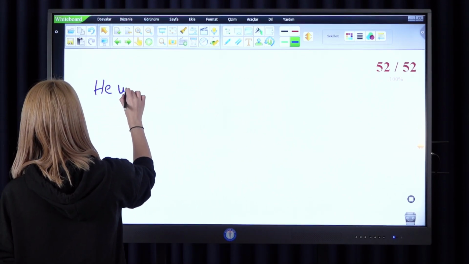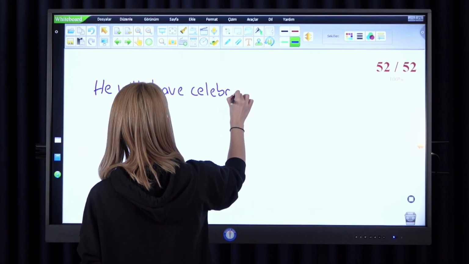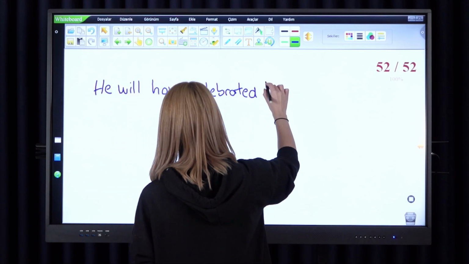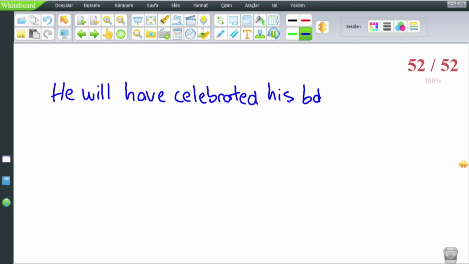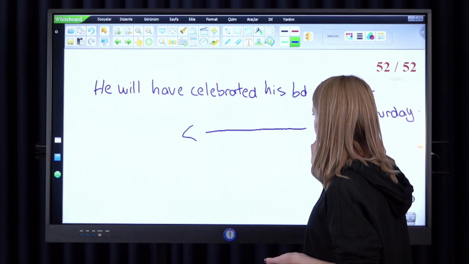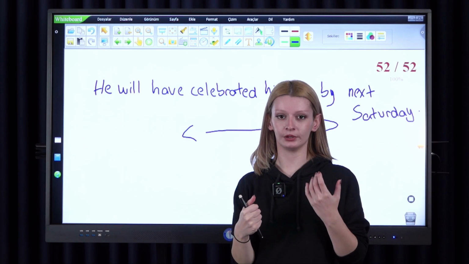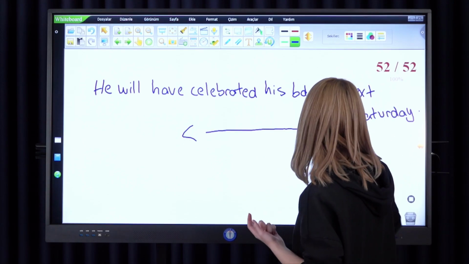He will have celebrated his birthday by next Saturday. In this example, again, as in all future perfect examples, we have a time limit.